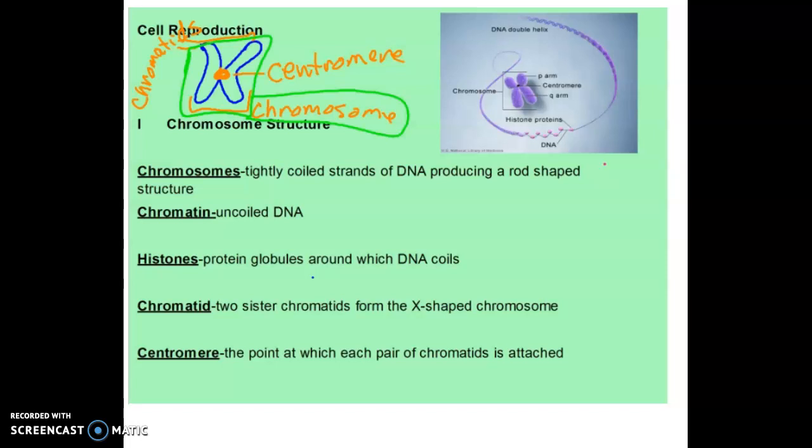So what does that mean? Well, remember that you have DNA in all of your cells. And this DNA is made of very long, thin strands.